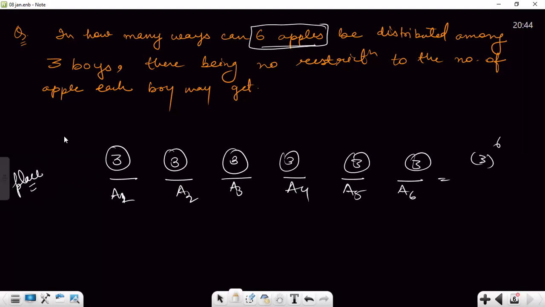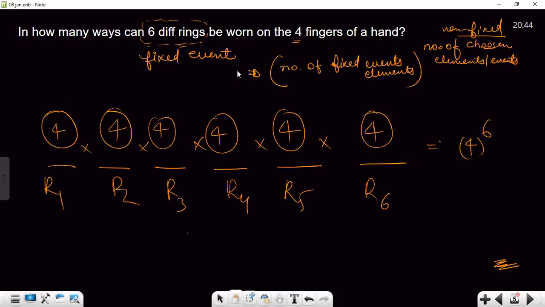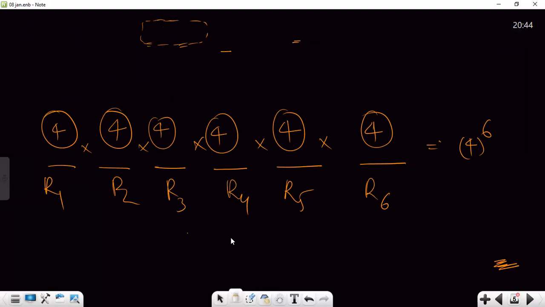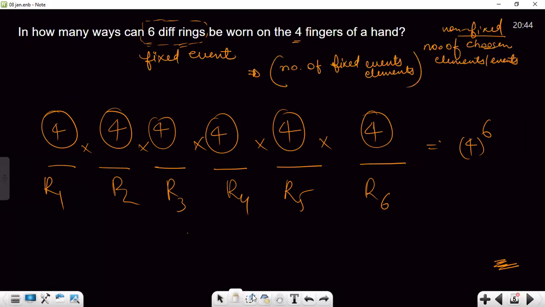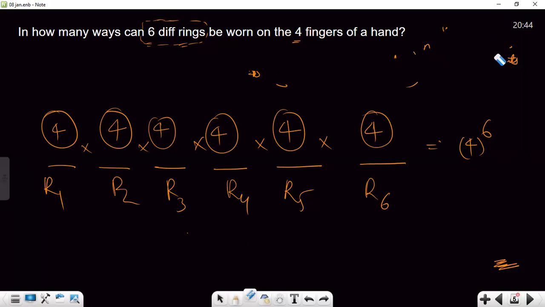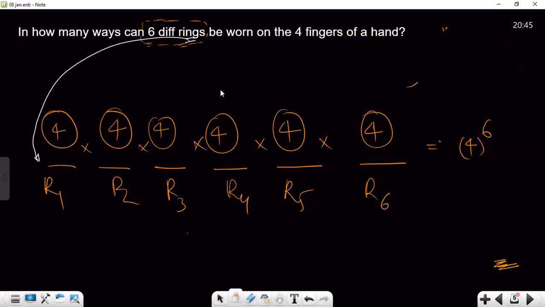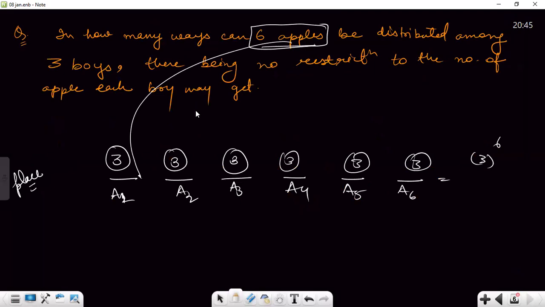Most logical method, instead of going with formula, because this term will only confuse you. Just remember one thing, that whichever element is going to get completely exhausted, it becomes a place. Ring was such, so that is why it became a place. And same case with the apples also. Is this clear, everyone?